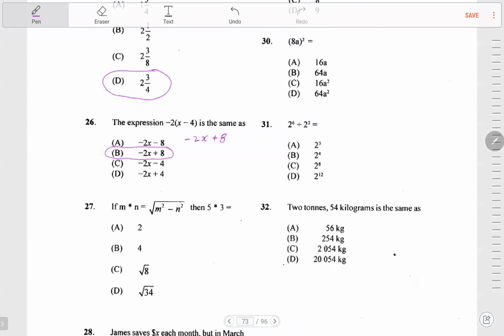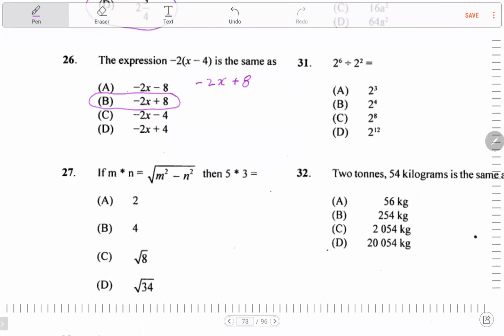This one is one that they set again. This time it's square and square. We saw one earlier where it was cubed. This one is square and square. So make sure, don't assume it's the same question. The M is 5, this is the M, and this is the N. So it becomes 5 squared minus 3 squared.